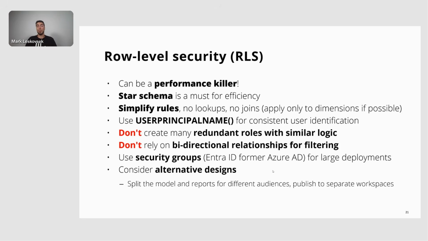I know this might come as a bit of a surprise, but sometimes just using separate reports with workspace level access control is more scalable than having one report for all users and then applying this row level security across the board, and it will inevitably be slow. So sometimes it's better just to publish for that direct level of access for that user group.